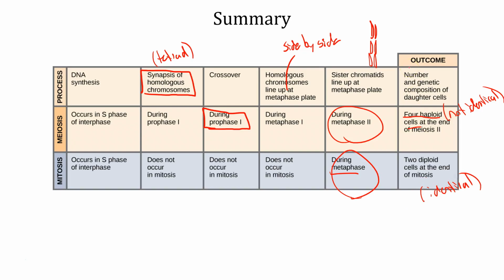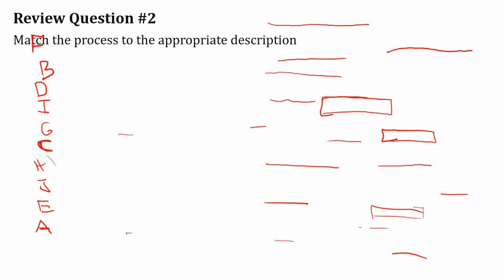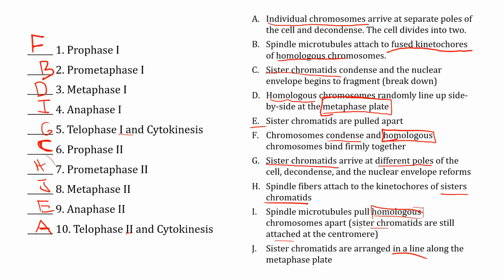Okay, and if I gave you a little description about either one of these, like which process makes 4 haploid cells which are genetically non-identical, could you tell me if it was mitosis or meiosis? Or similarly, you might see something like this on an exam, hint, hint. So could you tell me a little about these and do some of that sorting out of the different processes?